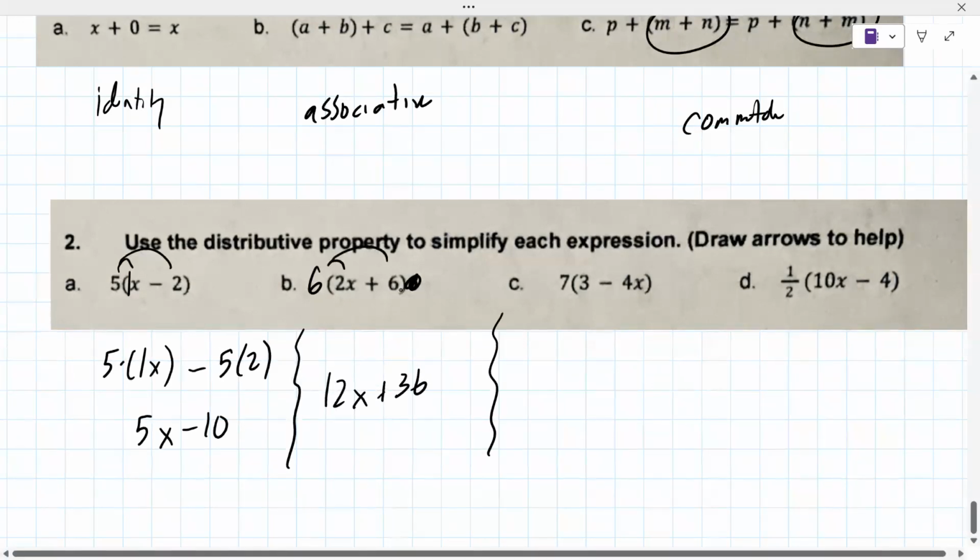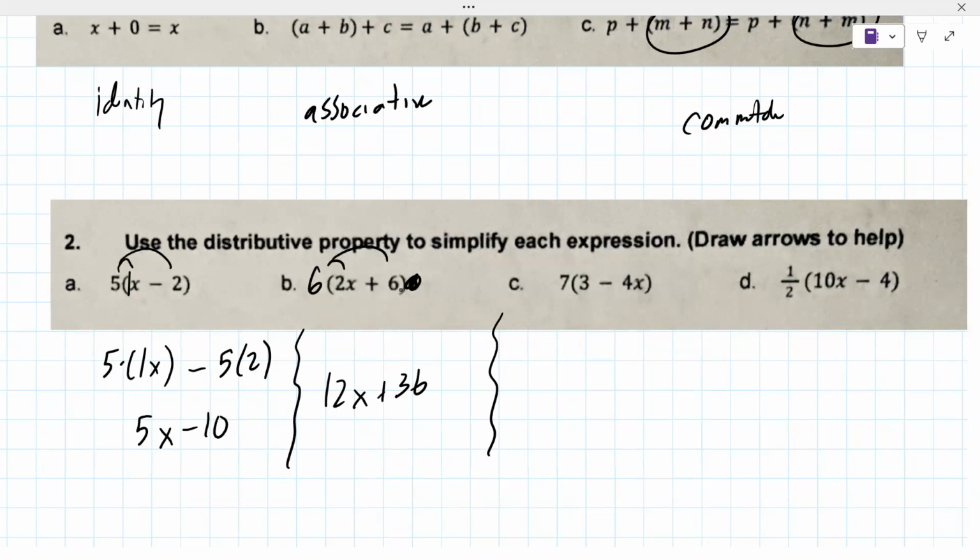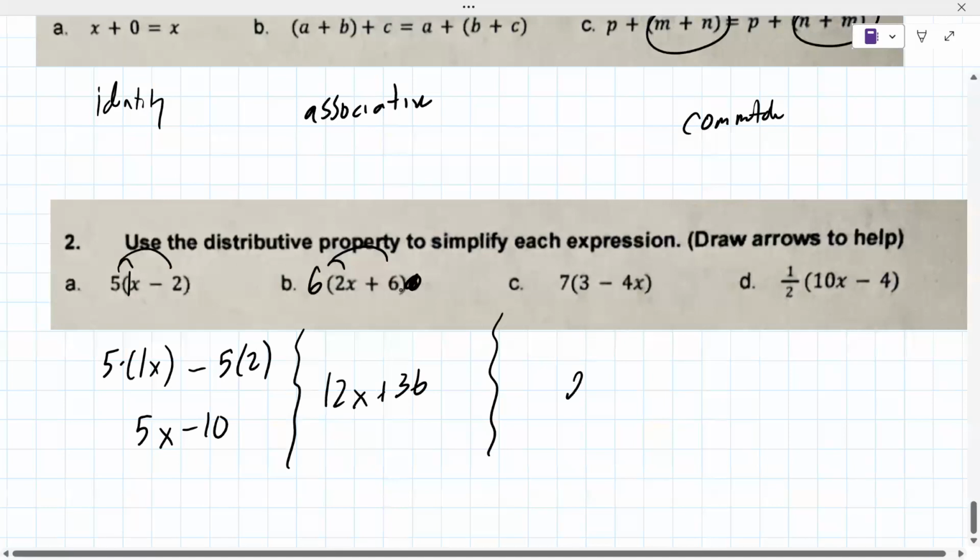Keep going here. 21 minus 28x. Good. Very good. And then 5x minus 2. The last one.